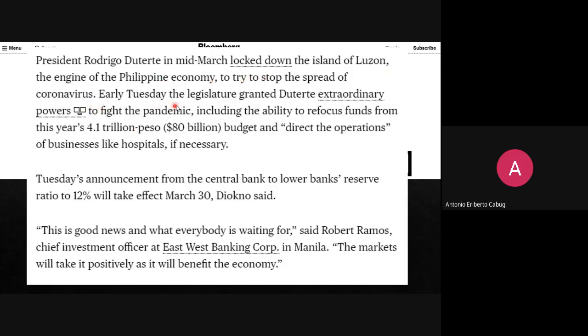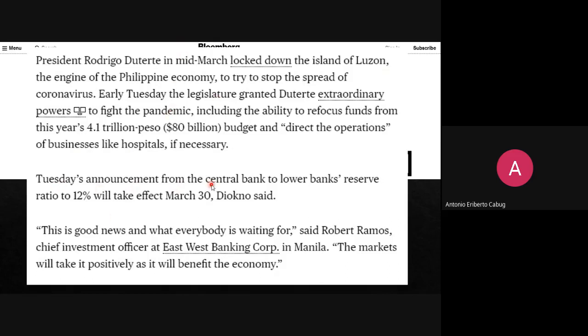Early Tuesday, the legislature granted Duterte extraordinary powers to fight the pandemic, including the ability to refocus funds from the year's 4.1 trillion peso, that's $80 billion budget, and direct the operations of businesses like hospitals if necessary. So this happened 1 year ago already, no? And still we are here. So hindi natin in-expect na ganito katagal to.